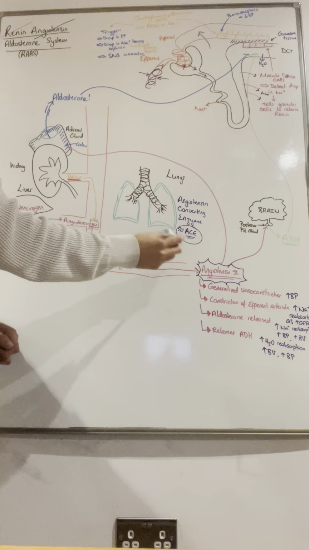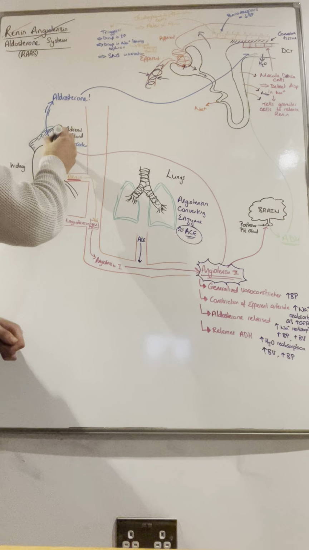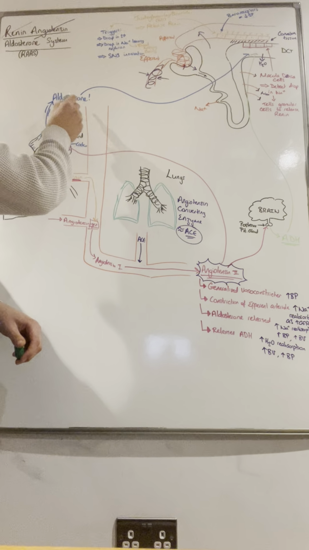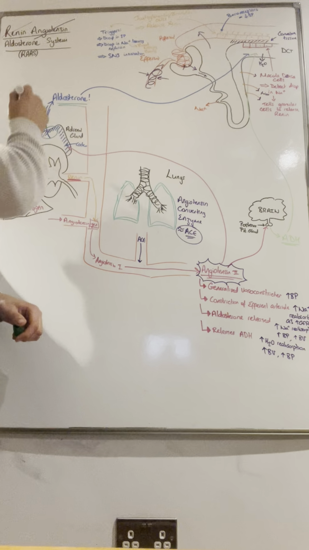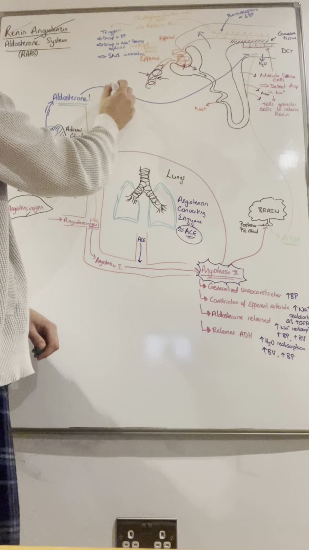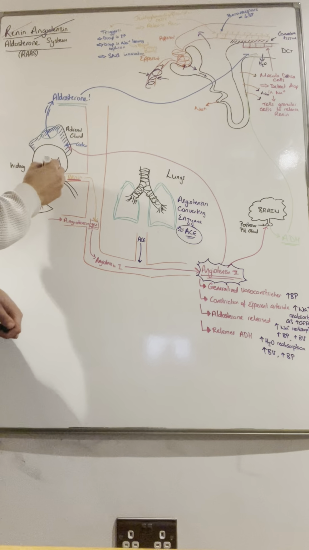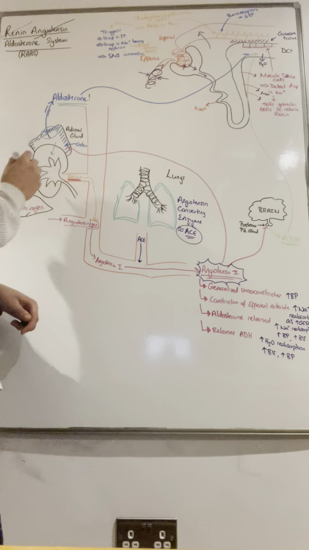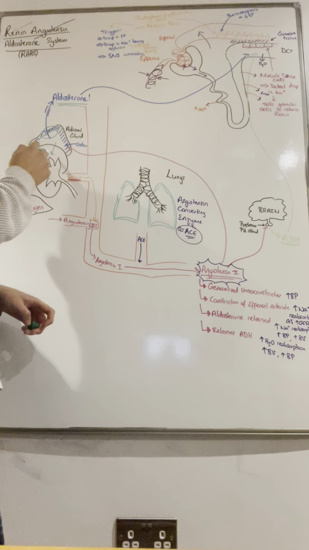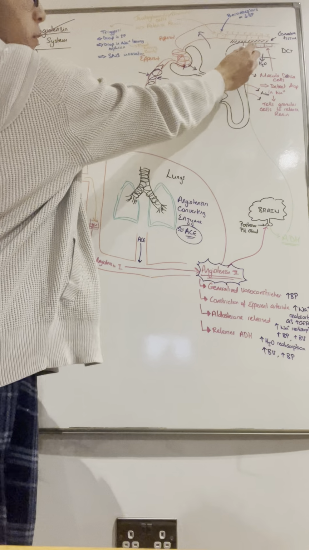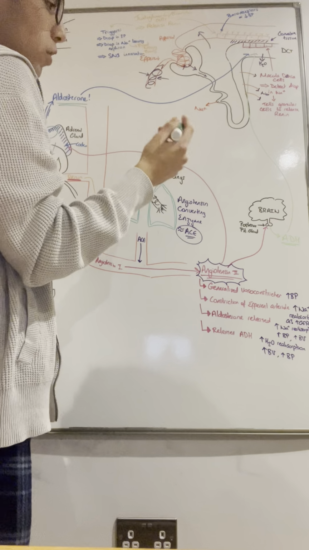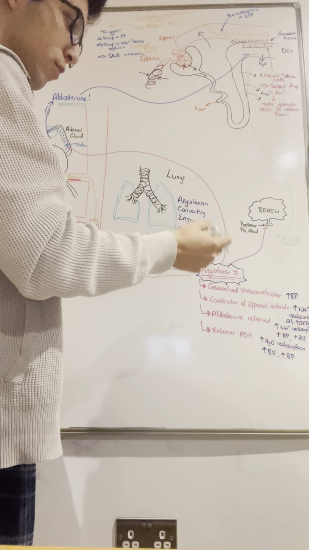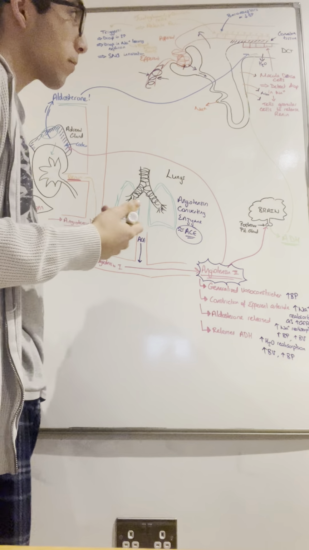So that when angiotensin 2 comes to the cortex of our adrenal gland, it releases aldosterone. Aldosterone now goes to our distal convoluted tubule, which, if we think about it, it just goes in here to our kidney, because our adrenal gland is on top of our kidney. It tells our distal convoluted tubule to absorb more sodium, okay?